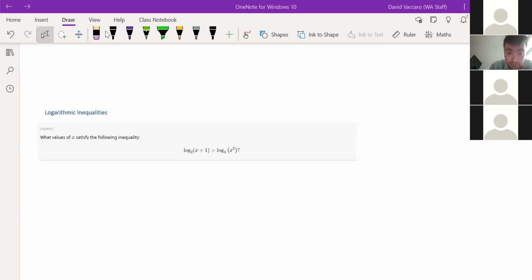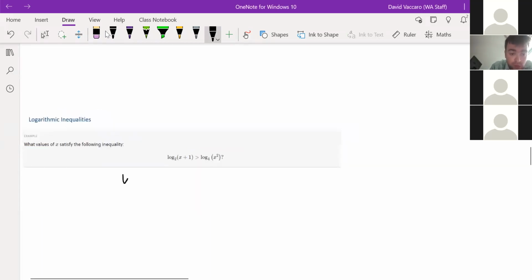Okay, so what base would be a natural base to make everything equal to in the context of this question? Base 2, I agree. Okay, so what we've got is log 2 of x plus 1 is greater than log 2 of x squared divided by log 2 of 4 to change base to base 4.